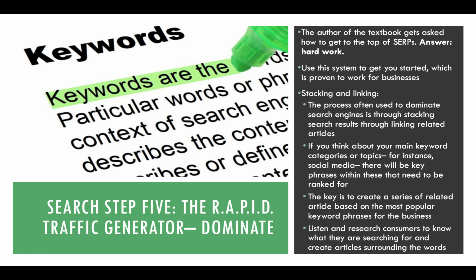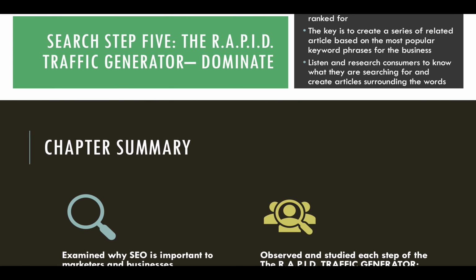If you think about your main keyword categories or topics, for instance social media, there will be a keyword phrase within that you need to be ranking for. The approach is to create a series of related articles based on the most popular keywords and phrases for that business, and then listen and research what consumers are actually searching for to create articles surrounding those words.